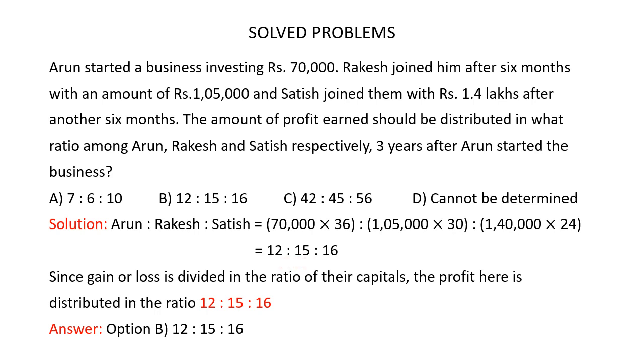So the ratio of investment of Arun, Rakesh and Satish is 12 is to 15 is to 16. Since gain or loss is divided in the ratio of their capitals, the profit here is distributed in the ratio 12 is to 15 is to 16. So the correct answer is option B, 12 is to 15 is to 16.